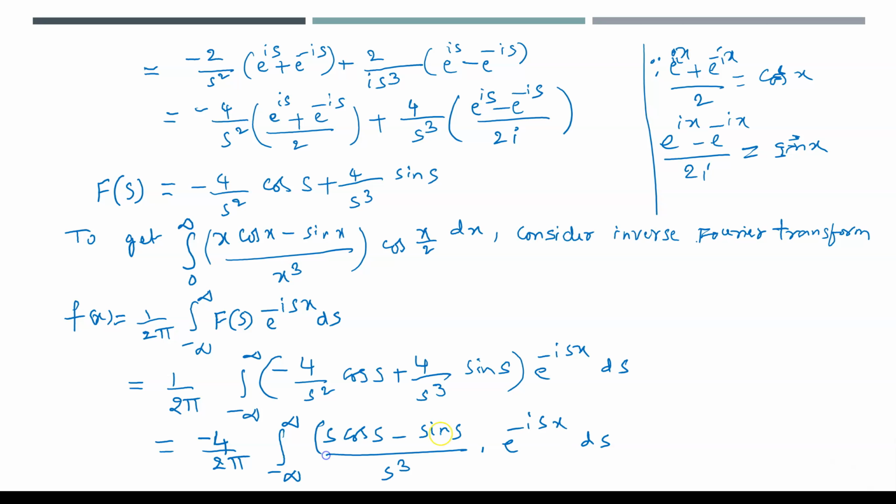Okay, now here put x equal to 1 by 2. Let us put x equal to 1 by 2. Now here you can cancel this minus 2 by pi.